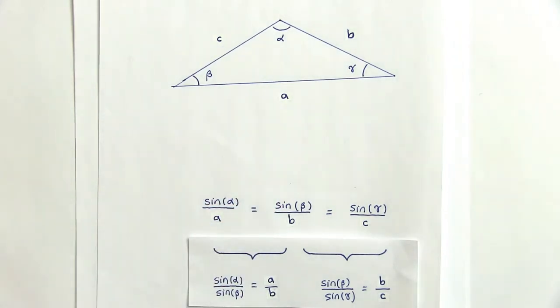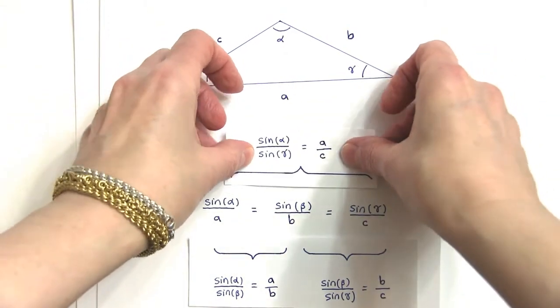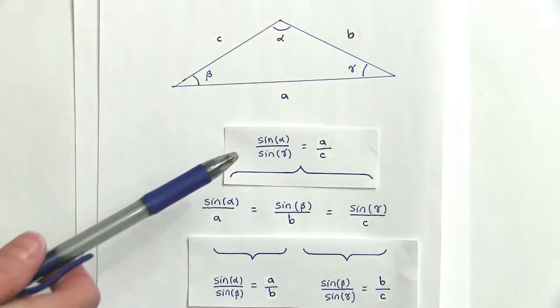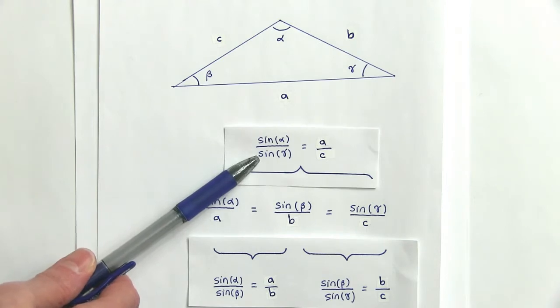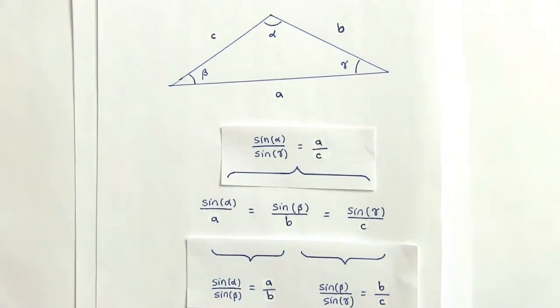And similarly, we can rewrite this equation this way. And we can do that for all the angles. So we can take the ratio of the sines of the angles is equal to the ratio of the corresponding opposite sides.